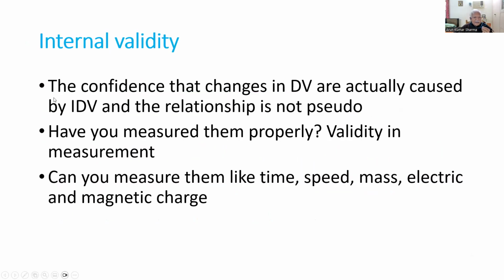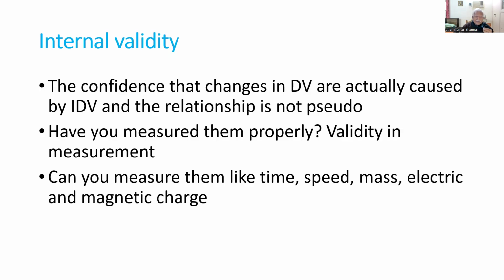Internal validity means, first, the simple definition of internal validity: the confidence that changes in the dependent variable are actually caused by the independent variable and the relationship is not spurious. It does not arise because there are differences in participants between control and experimental groups.